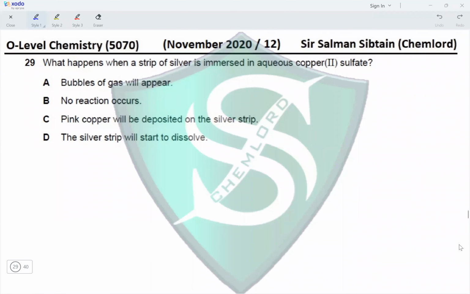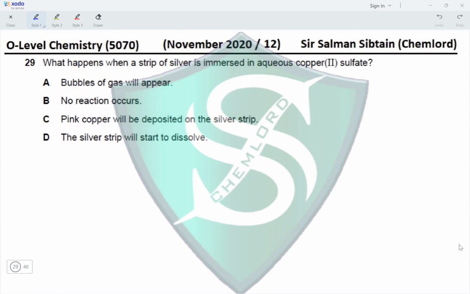Question 29. What happens when a strip of silver is immersed in an aqueous copper 2 sulfate? Silver in copper 2 sulfate. Okay. Bubbles of gas will appear. No reaction occurs. Pink copper will be deposited on the silver strip and the silver strip will start to dissolve.